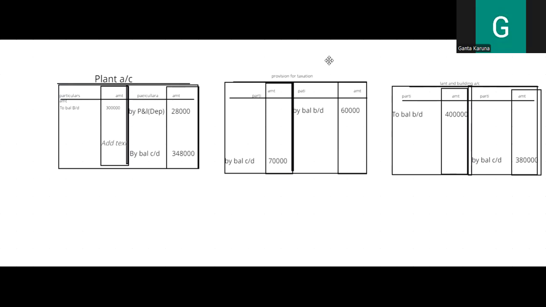Whenever the balancing figure is on the debit side, you are supposed to write it as 'to' as if we have purchased a new asset. So that is what we are going to write here as balancing figure. So this is our account which has been completed. First one we have completed, the plant account.